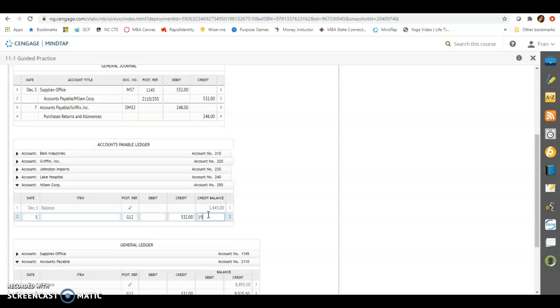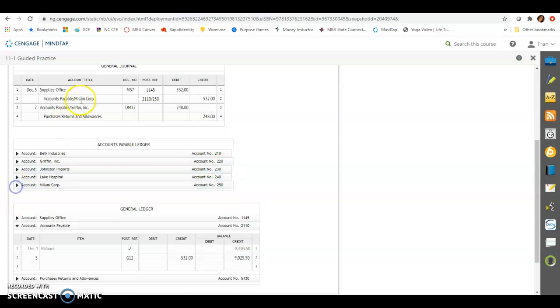And we get 1975. Okay, so we posted that. Moving on, we're going back to accounts payable journal. And on the 7th, General Journal, page 12. Now we have a debit for 248 because this is the return.